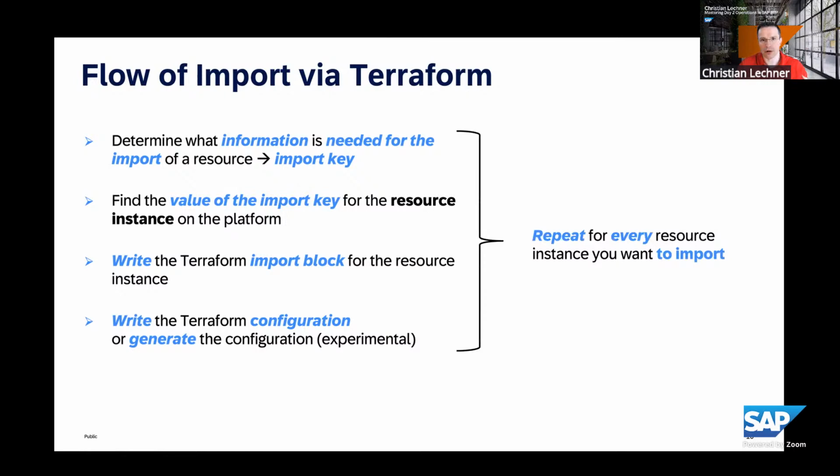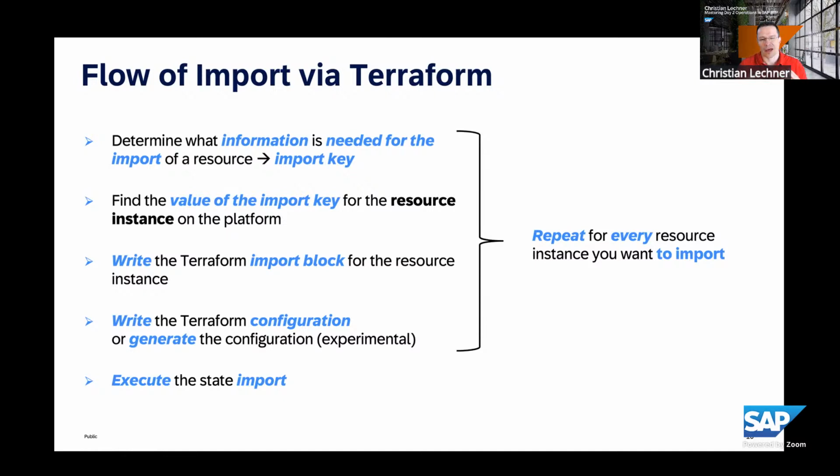Now, we have those 4 steps. And now think of importing a real-life sub-account, which contains sub-account entitlements, custom role collections, subscriptions, service instances, I don't know what. Now you have to repeat these 4 steps for every resource instance that you want to import. And you have to do that manually. And once you have done that, you can then really execute the state import, so populate the state file and get things going.